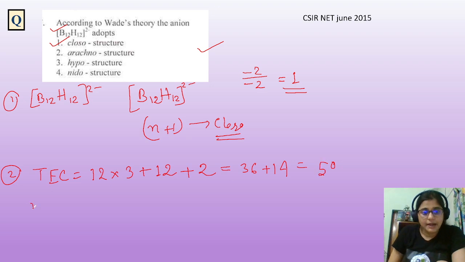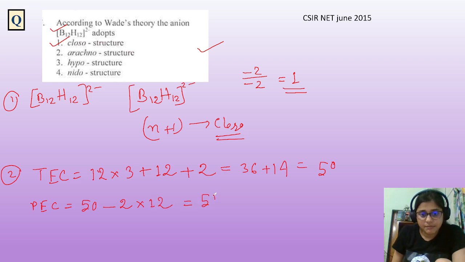It will be 50, and TEC will be 50. See how difficult this is, because the calculation part is there, and you can make mistakes very frequently. So PEC is 50 minus 2n. 2 into n, where n means 12, the BH units.